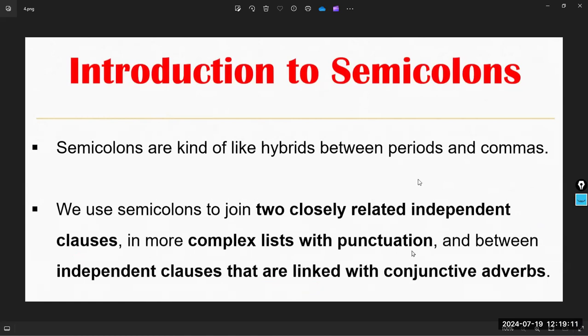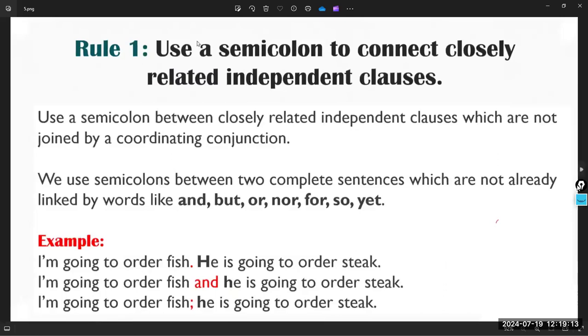Now let's discuss the rules. Now, rule number one is saying I have to use a semicolon just to connect closely related independent clauses. So use a semicolon between closely related independent clauses which are not joined by a coordinating conjunction.